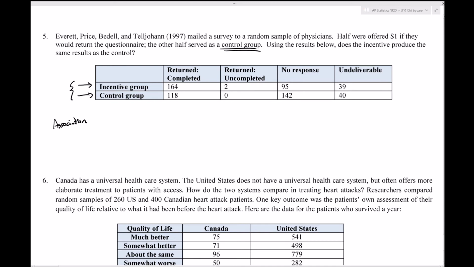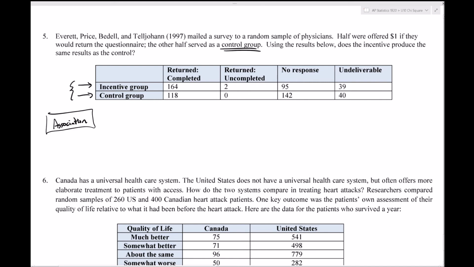Or they probably made an attempt to deliver it, and there was a failure at delivery. So we can say it's association because it's one group of people, two variables, and one of the variables happens to be which treatment group they were placed in. So we can box that association.